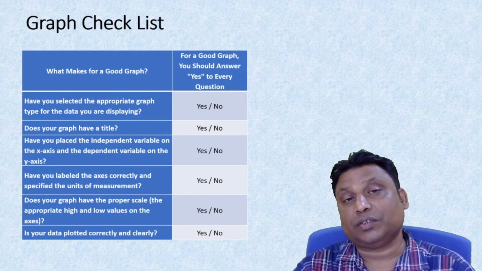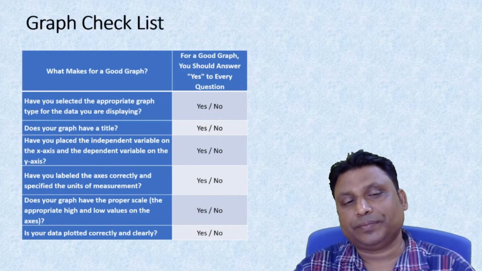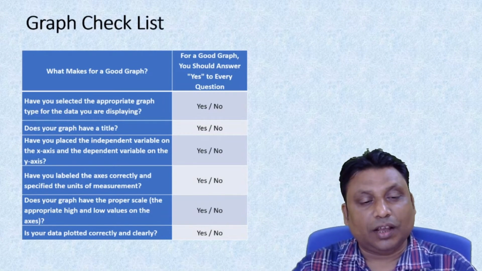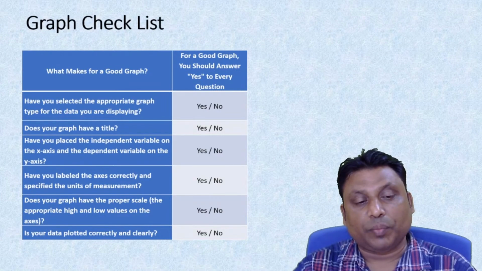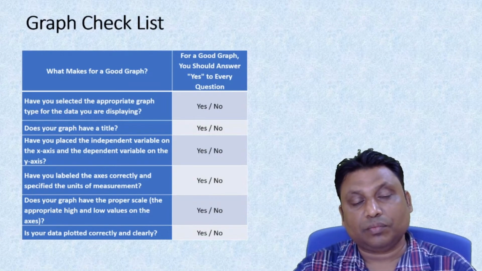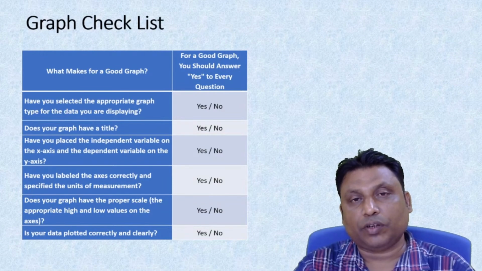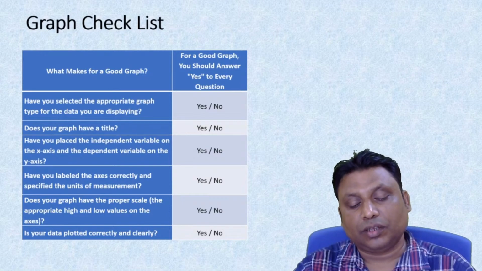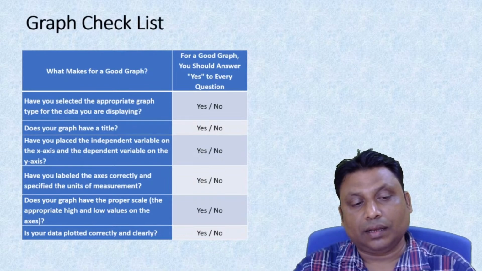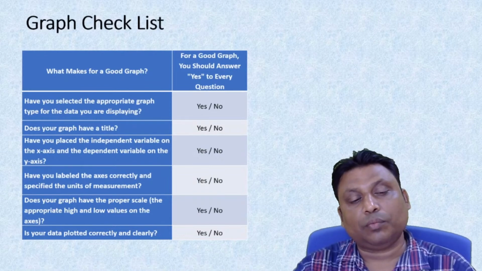If you change this, it is wrong. Does your graph have the proper scale, with appropriate high and low values on the axes? If on the x-axis you use a 10-point scale and on the y-axis a 5-point scale, then this is wrong. You have to take proper values for both axes.